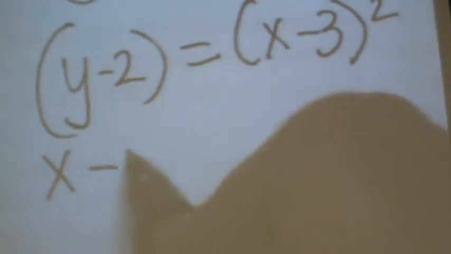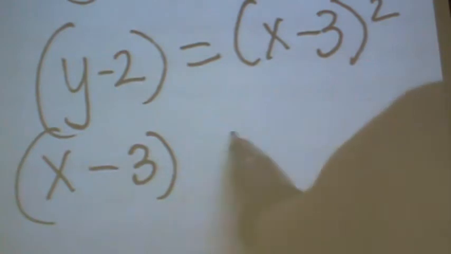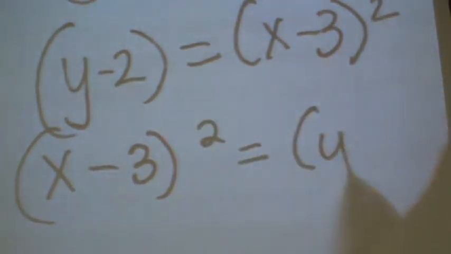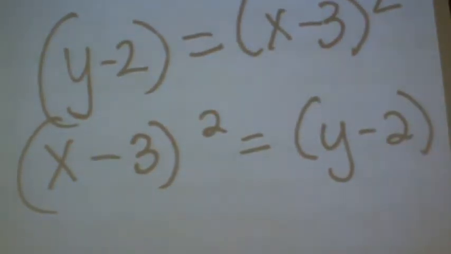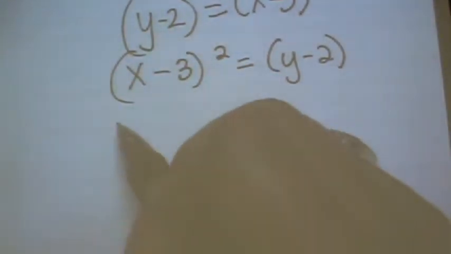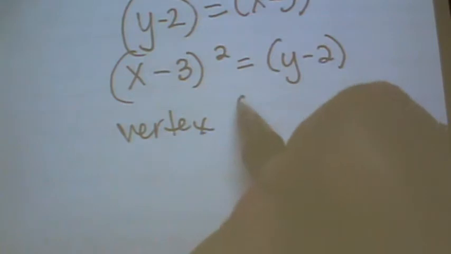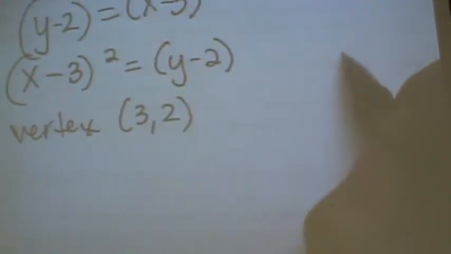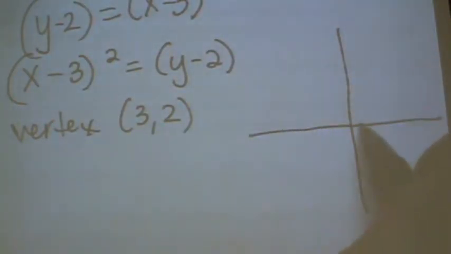So now, I want to write this where the x is on the left side. And I need to write down everything that I know about this problem. Right now I know what the vertex is. Where's my vertex? It's 3, 2. Where is 3, 2? 1, 2, 3, 1, 2.